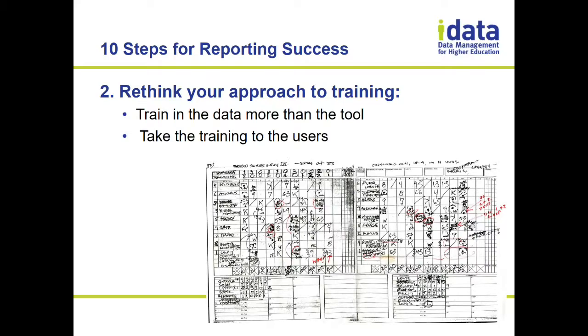So you want to put more energy into training on the data that you have than training on the tool, as well as, as we talk about the knowledge base, having good access to information on that.